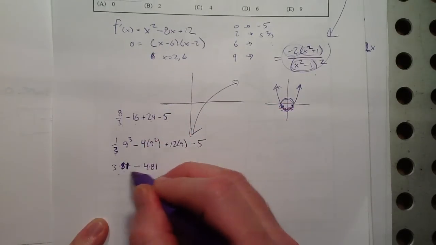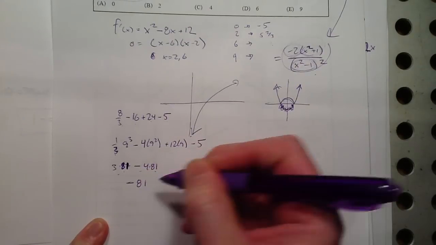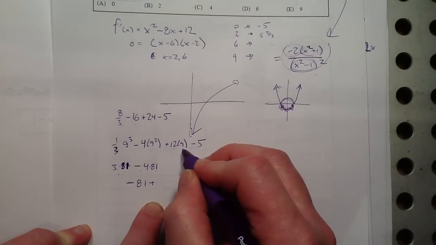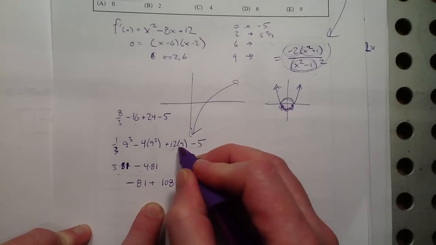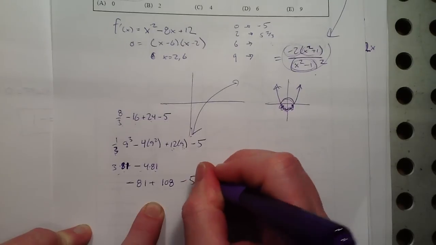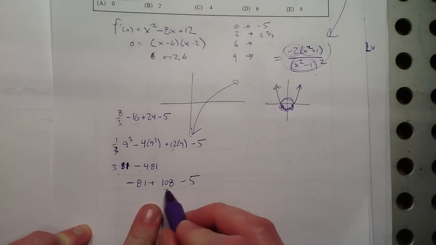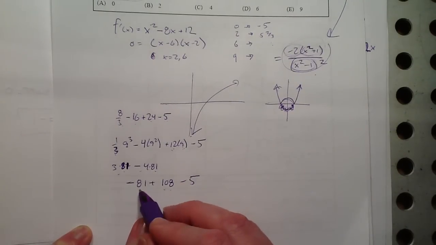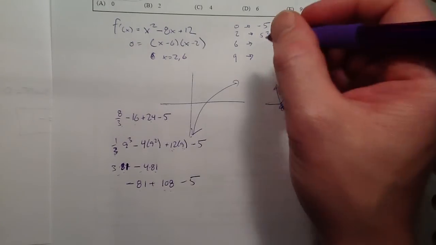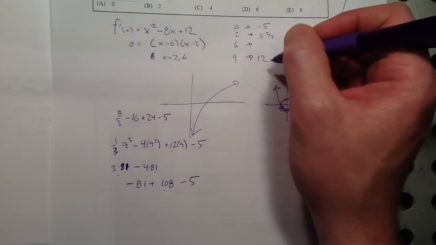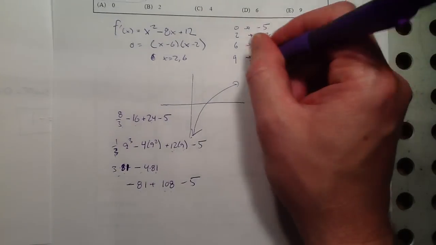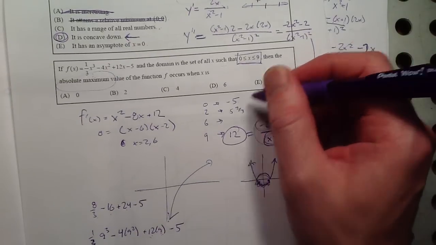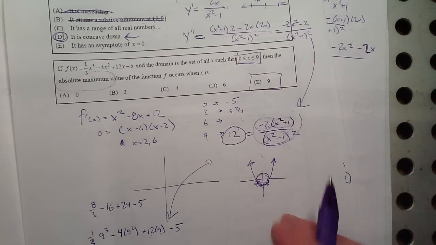Well, I like that. 3 81's minus 4 81's is -1 81. Plus 12 times 9 is what, 108? Right? 90 plus 18 minus 5. And let's see, 108 minus 81 is 27 minus 5 is 22. Is that right? I think. So that's the absolute maximum value. It happens when x is 9. I'm going to bed.